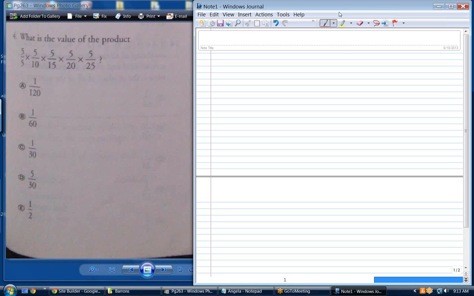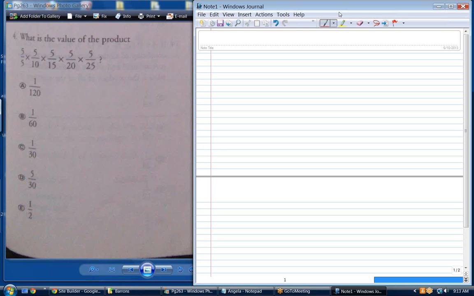Notice what one of those answers is. 5/30ths. How often do you see an answer like that? Not very. So I could almost rule that answer out instantly, but that's not going to help here. Should I be reducing?